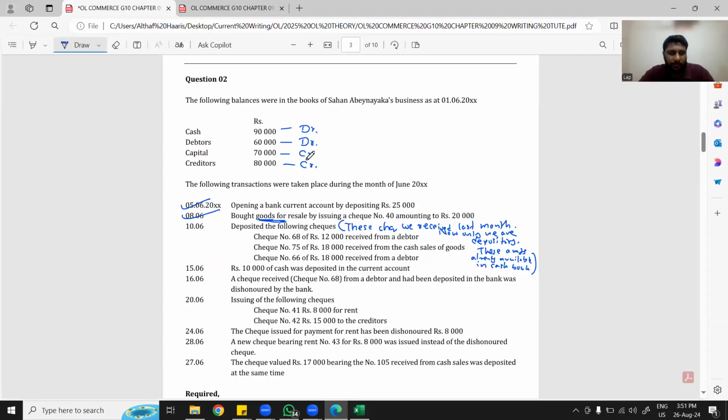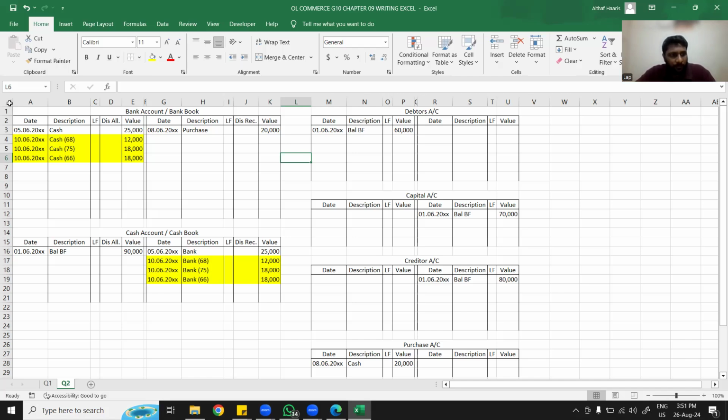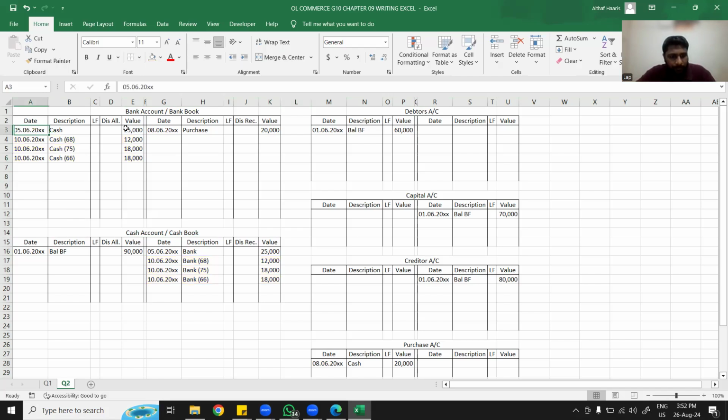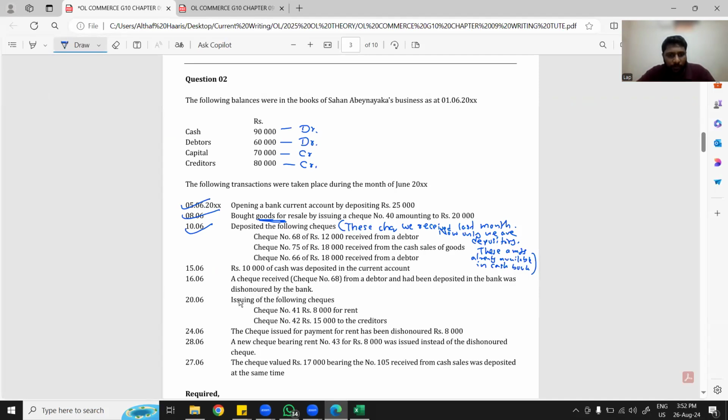The next one. 10,000 of cash was deposited. So again, you are making a cash deposit, people. It will reduce from your cash and it will go into your bank. 15 June. How much is the value?